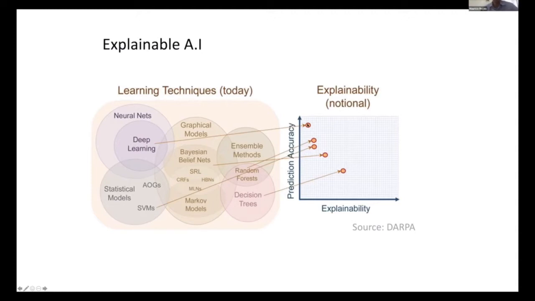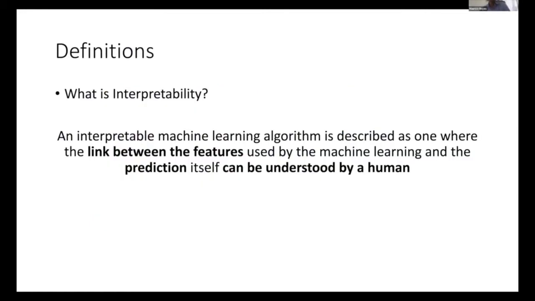Now, why then do we need to actually interpret these systems if maybe they are actually working? And maybe also a human cannot fully explain a given phenomenon. So interpretability here is used to describe the link between the information, what we call features, used by the machine learning and the prediction itself.